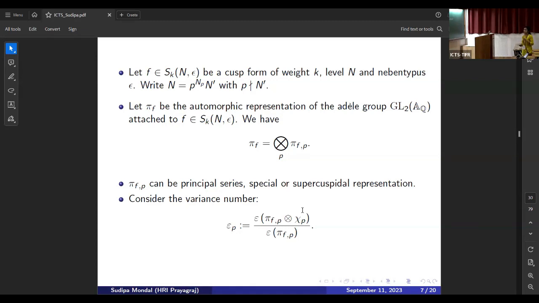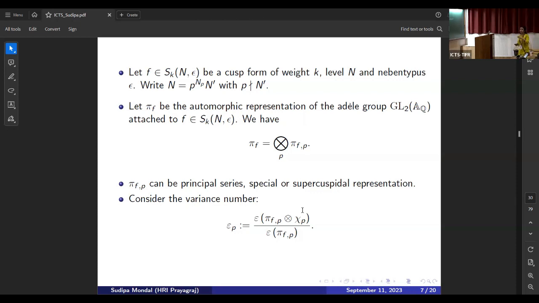And the converse theorem says that we can get information about a representation by twisting the representation by characters of the local field. So here we have chosen the easiest case, the quadratic character.